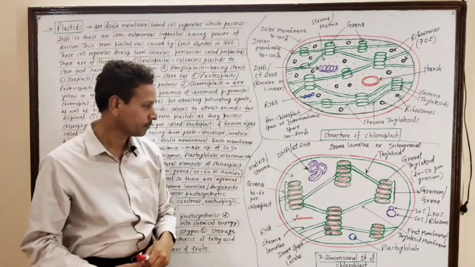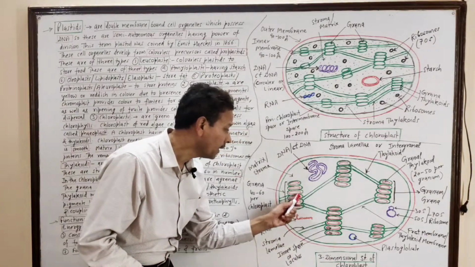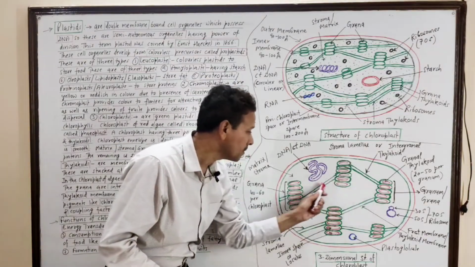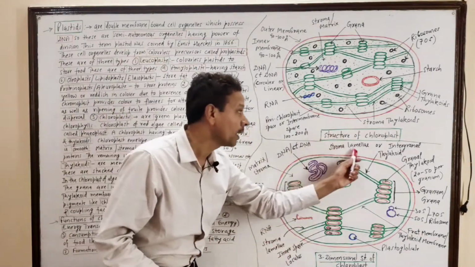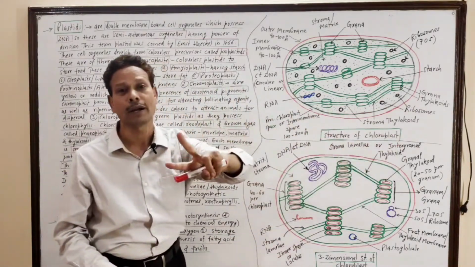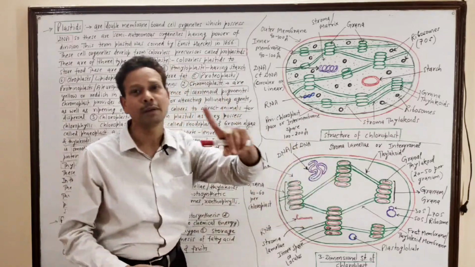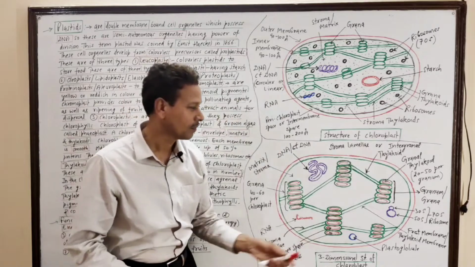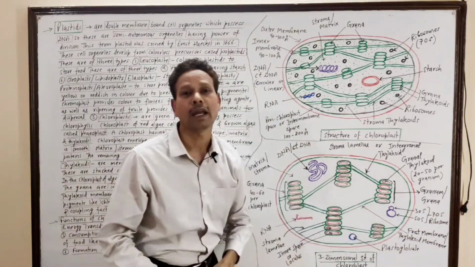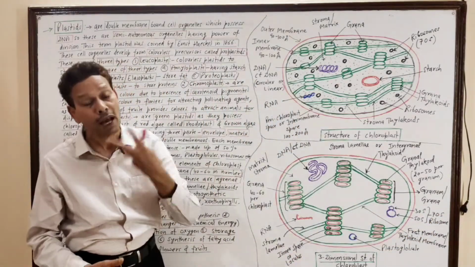And these grana are interconnected by these membranous structures, these thylakoids. These are stroma lamellae or intergranum thylakoids. Their membrane is very important. The membrane of this thylakoid is the fret membrane, F-R-E-T, or thylakoid membrane.